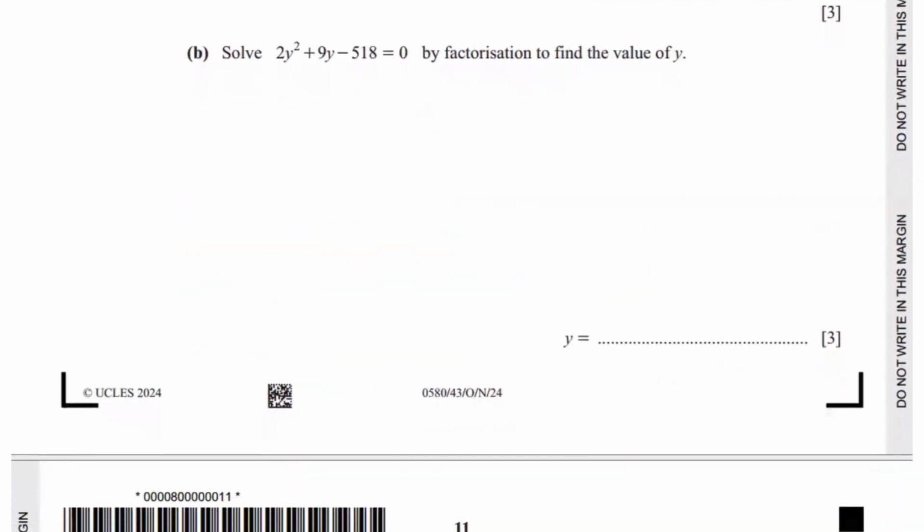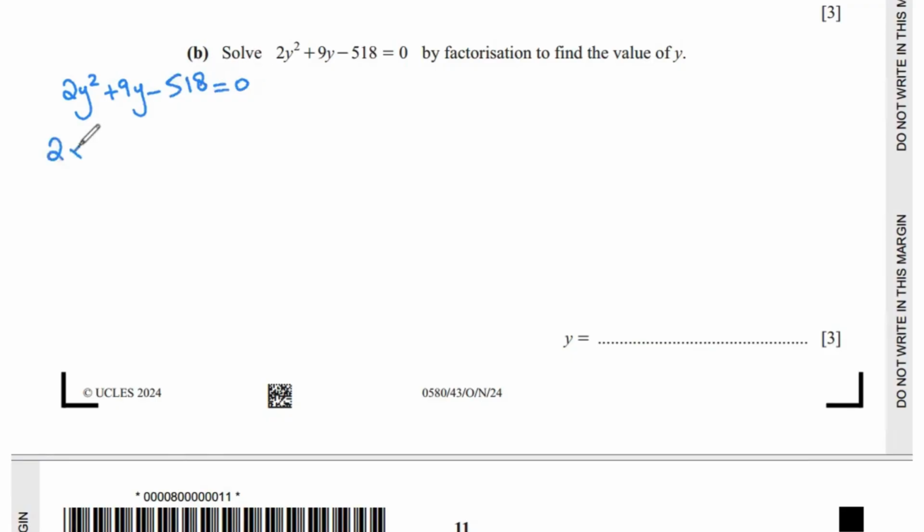Then it says solve 2y squared plus 9y minus 518 equals 0 by factorization to find the value of y. Since it's clearly saying that we need to use factorization, I'm going to use the splitting the middle term method. For this method, what we need to do first is multiply the coefficients of y squared and the constant.